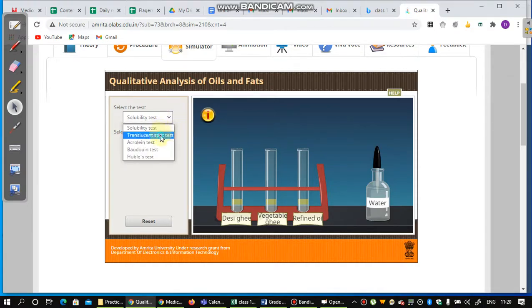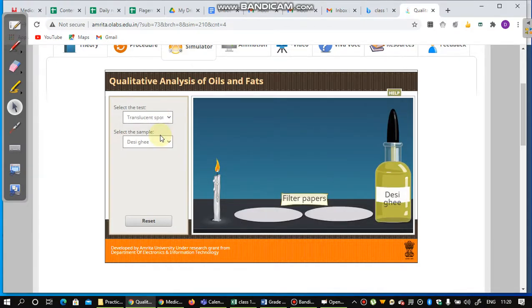That means that the given samples are oils and fats only. Coming to the next test. The next test is the translucent spot test. What we do, we take a sample and put it on a filter paper.